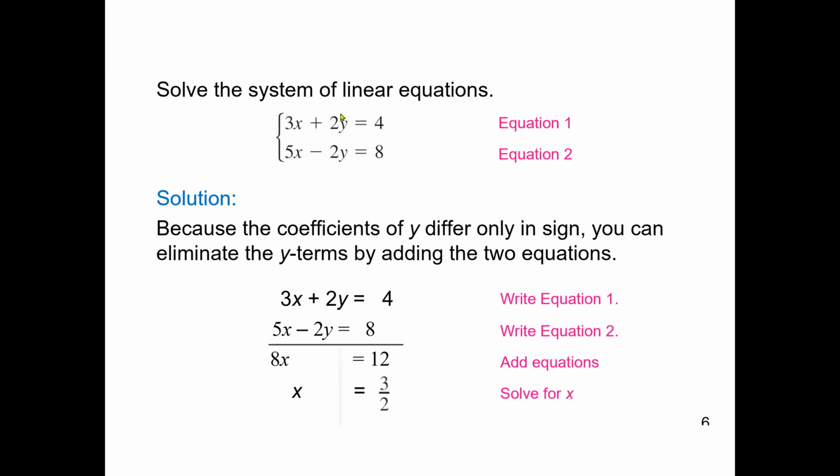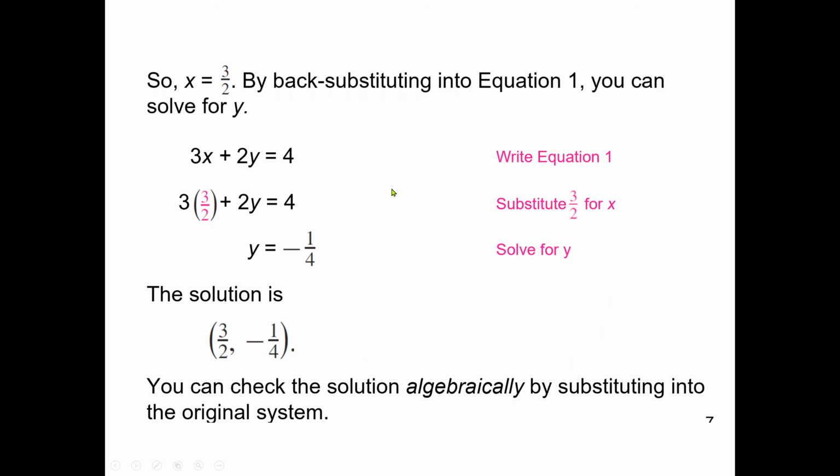Now I can take either equation 1 or equation 2 and solve for the value of y. So here we decided to take equation 1. We substitute x, which is 3 by 2, plus 2y equal to 4. So here we are going to get 3 times 3, 9 over 2.